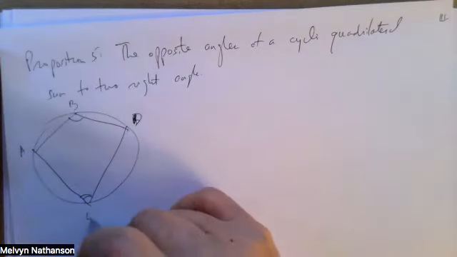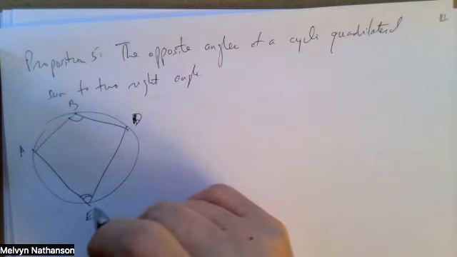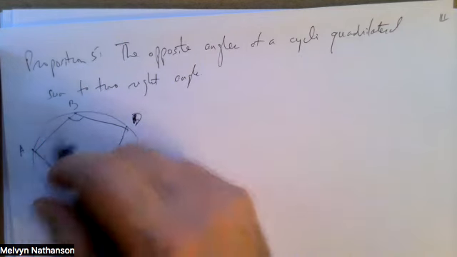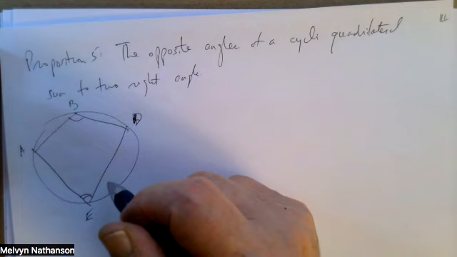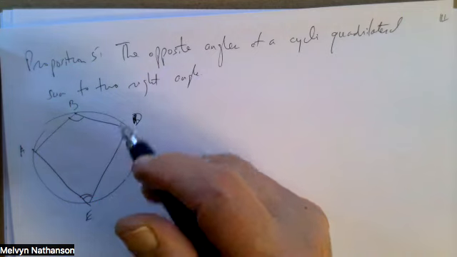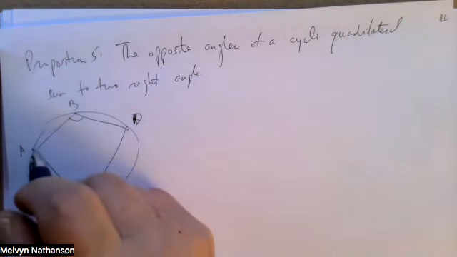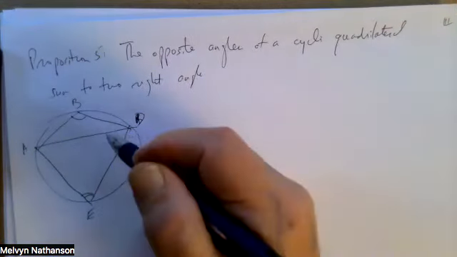Here we have the cyclic quadrilateral, ABCD.